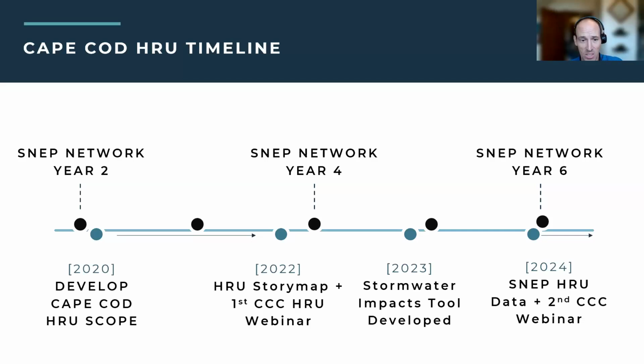That took, you can see on the timeline, a couple of years to get together to the point where we had the resource created and we created a story map. We gave a webinar on it. But what's really cool about this project and about the SNEP network, the longer term model to it, is that it comes in these 5-year chunks.